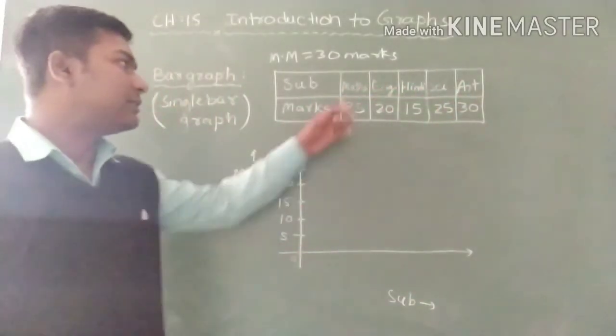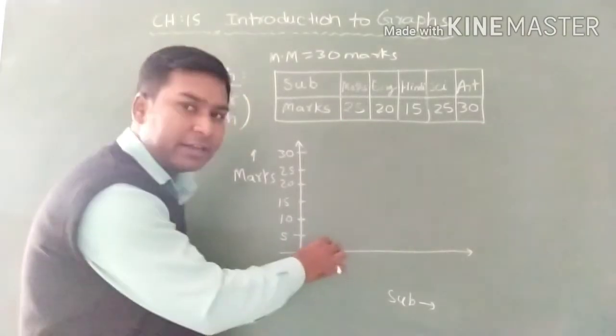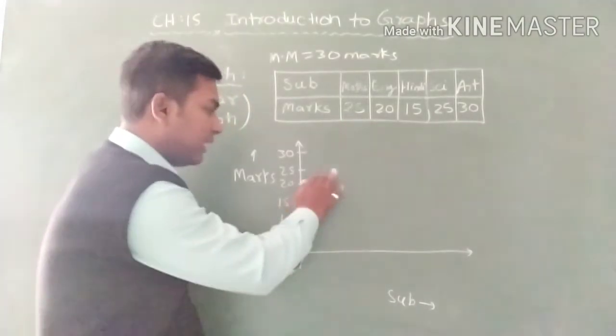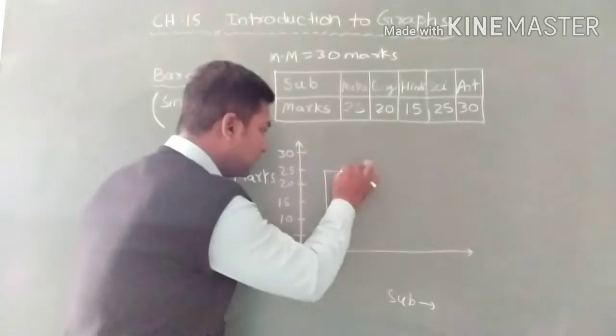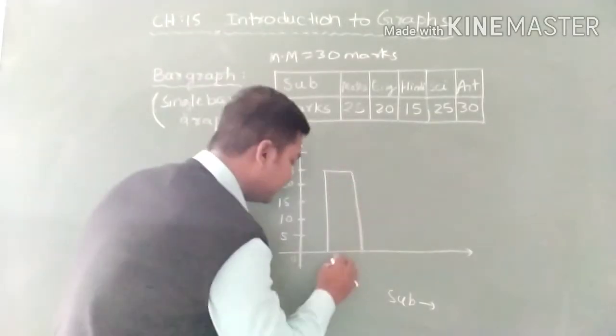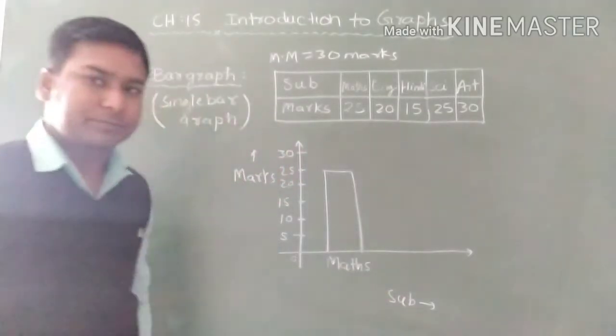First of all, maths is given 25, so draw a bar which goes up to 25. This is the maths subject.